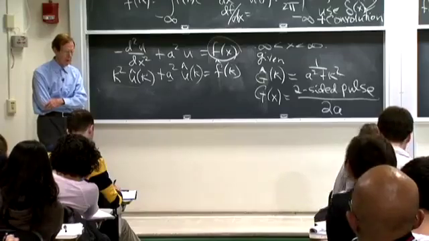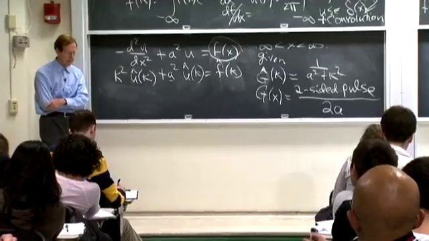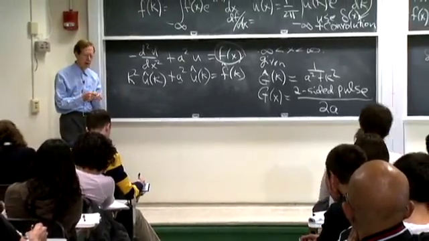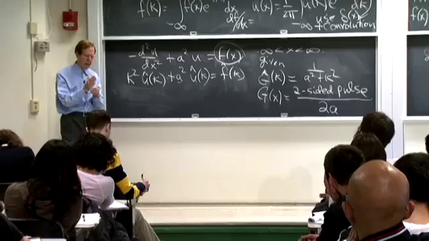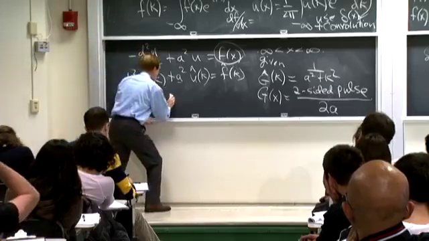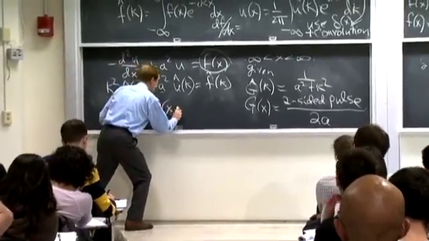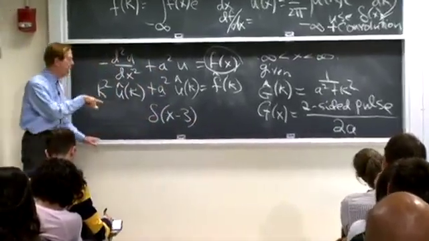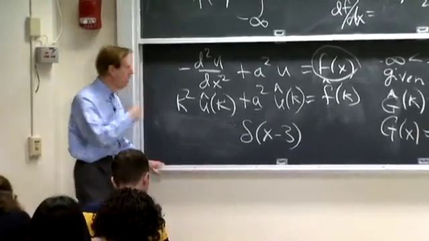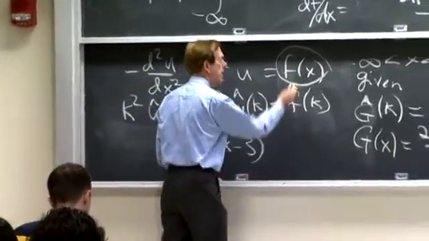Let me slow down a moment just to see that point. How much of delta of x minus 3, the spike at x equals 3, that's a spike at 3, right? How much of that do you think I need in f of x?